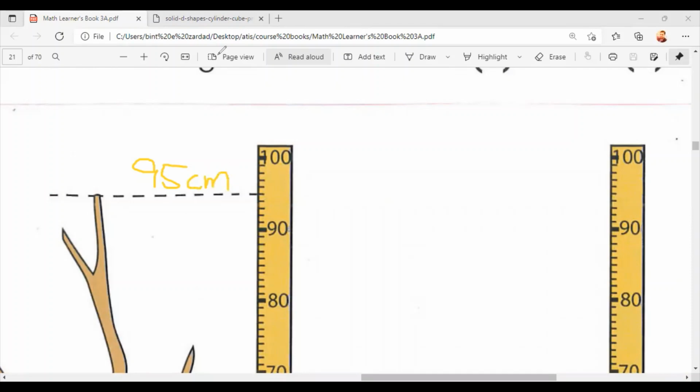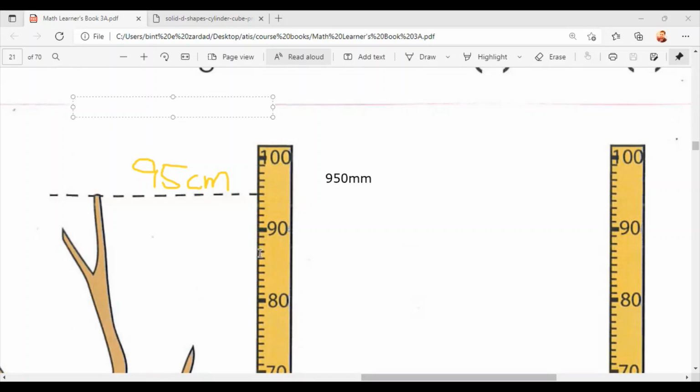But the question is asking about meter and millimeter also. It's very easy because 1 centimeter equal to 10 millimeter. So 95 centimeter, just multiply by 10, 950 millimeter. And now change into meter. 100 centimeter equal to 1 meter, but this is less than 100.